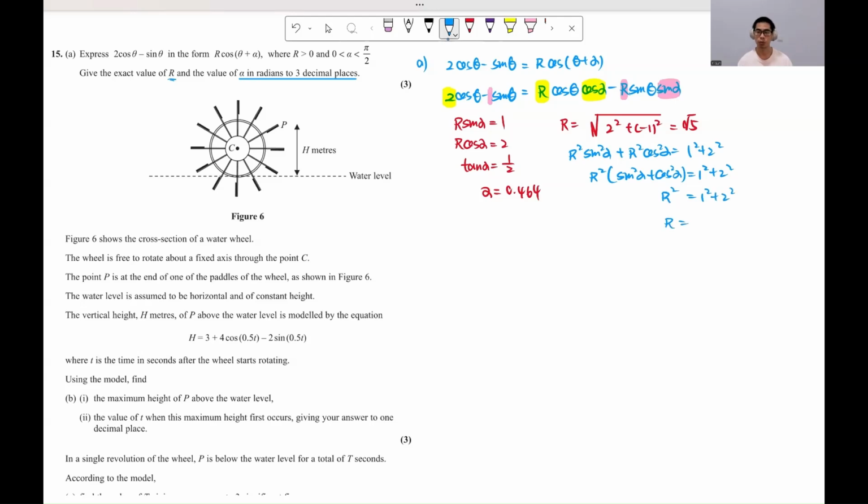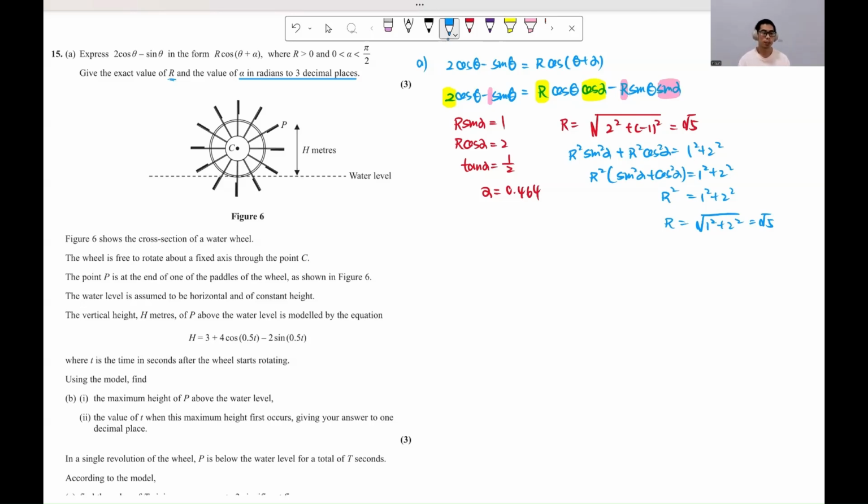That's why if you square root it, you will get exactly the same thing, root 5. So in the exam, you don't have to show all this because it's only a 3 marks question. You can just use the square root of 2 squared plus minus 1 squared, or just 1 squared, because it doesn't matter if it's minus 1 or 1. It will give the same result, root 5.